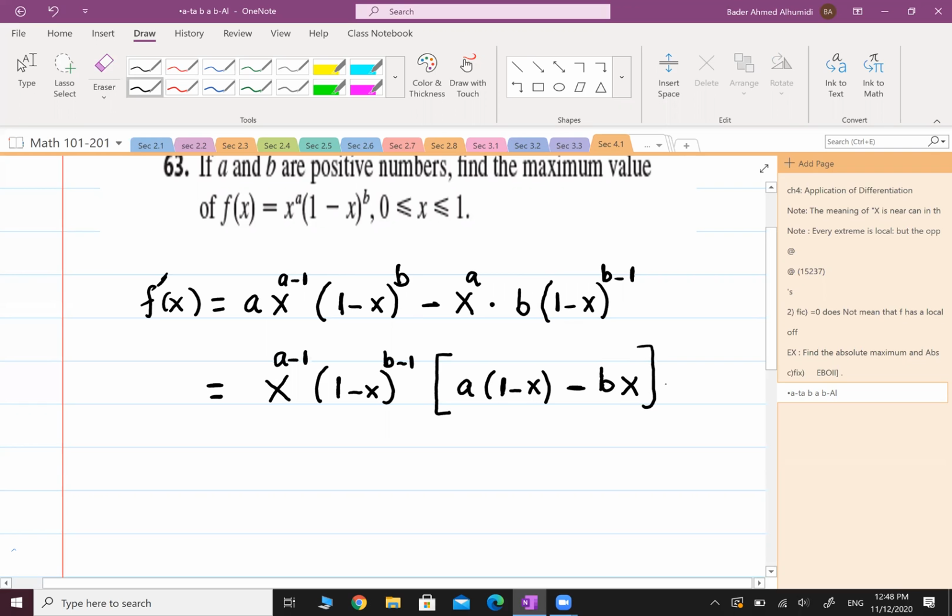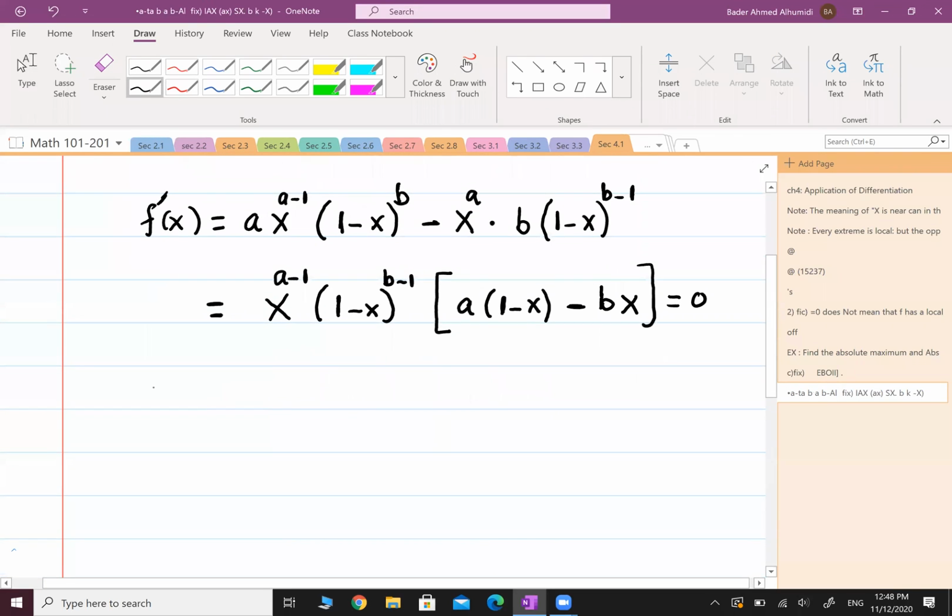Now, if I make this equal to 0, then I have the following: a minus ax minus bx must be equal to 0. So I have to find x here. I will take it to either side and take x as a common factor.